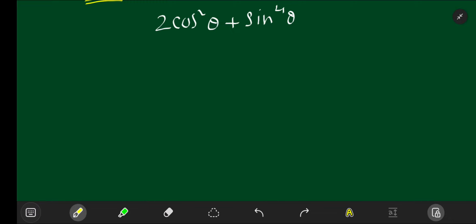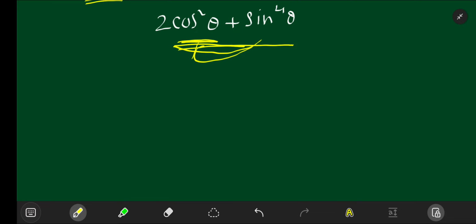First of all, we have to convert this cos square theta into sin square theta so that this complete equation is in one trigonometric ratio.